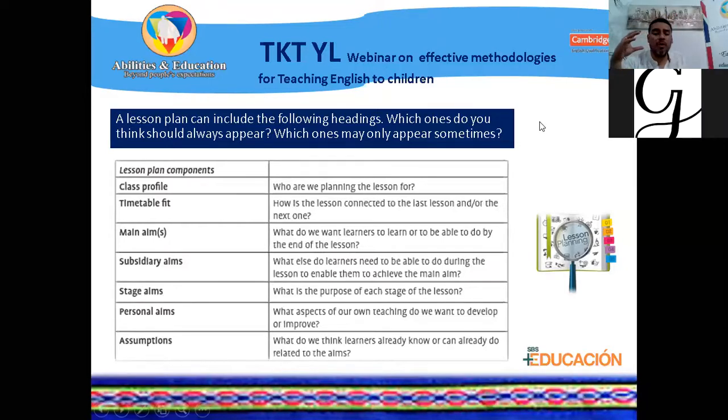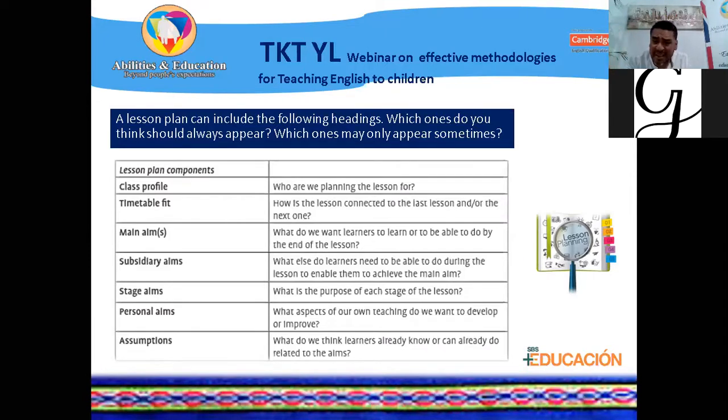In some schools, in some institutions, teachers are asked to complete long documents, right? I don't know if this is happening to you or has happened to you, but in many institutions, teachers are asked to complete long documents with a lot of information about the pace of the lesson, the time, the procedures, right?